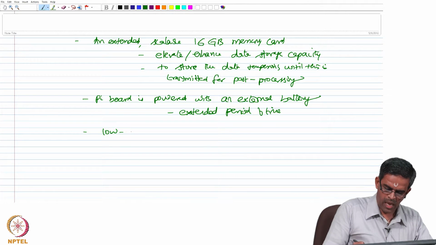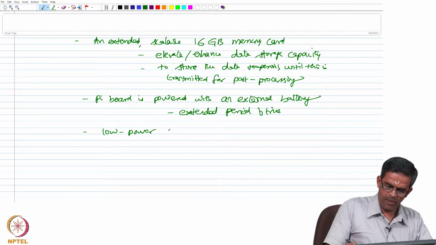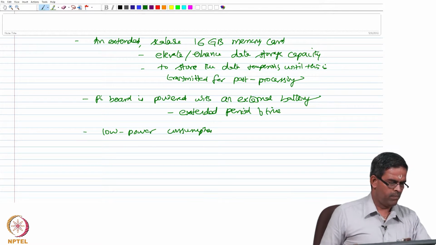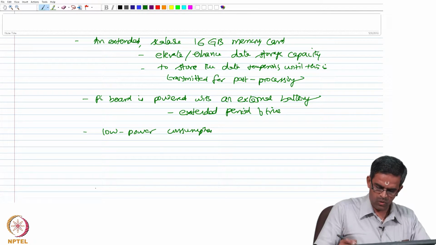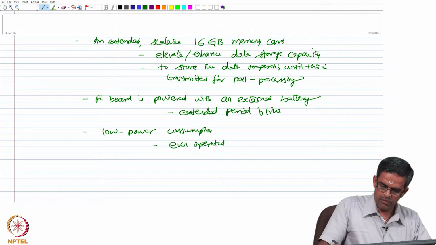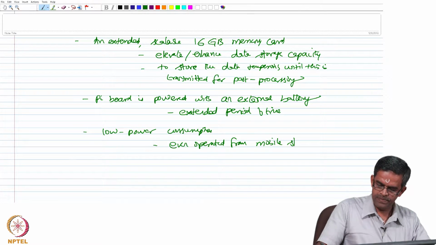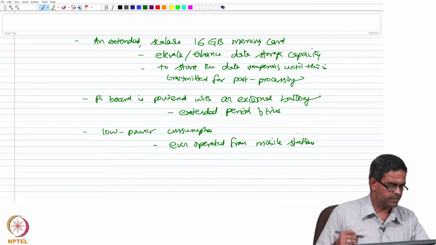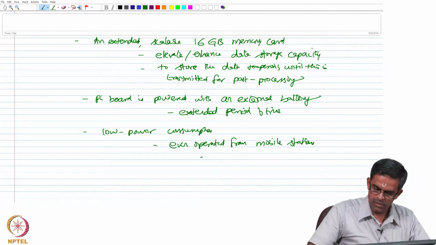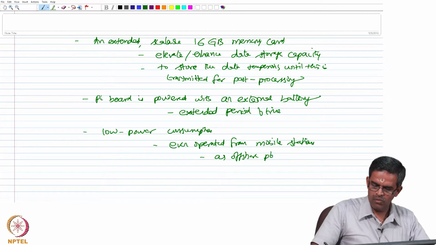Sensors used have low power consumption, so that they can even be operated from mobile stations. Because that is required, as offshore platforms are mostly inaccessible.